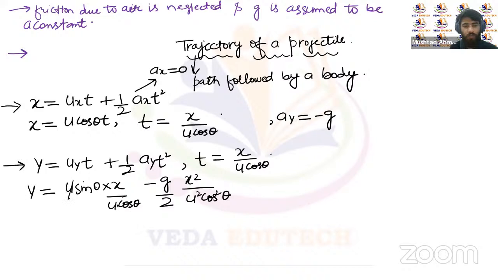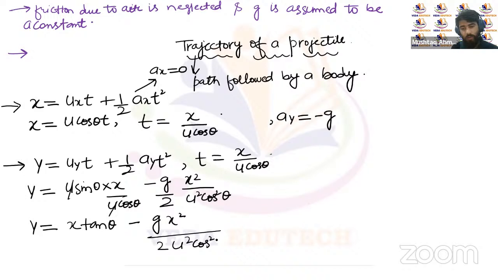From here, u and u get cancelled. We get sin theta over cos theta, which is tan theta, so we can write y as x tan theta minus g x square upon 2u square cos square theta.